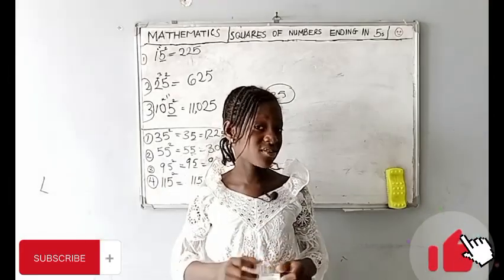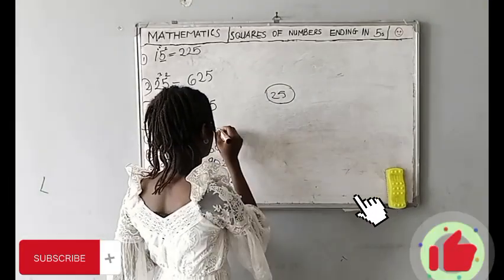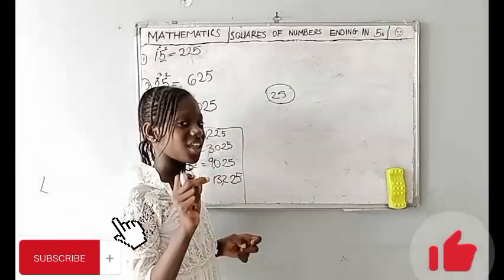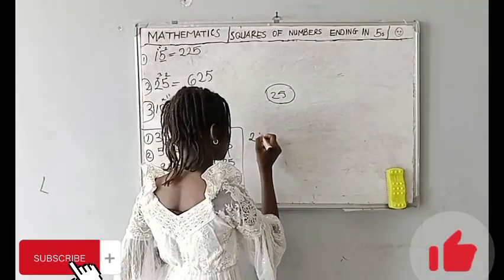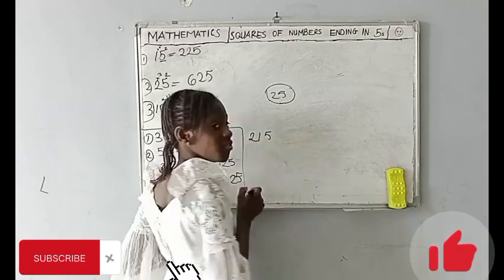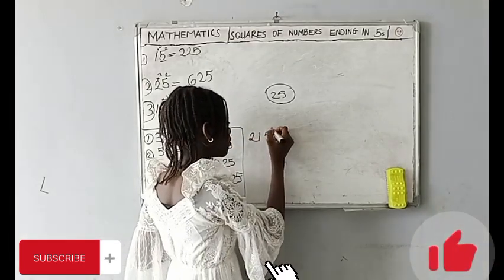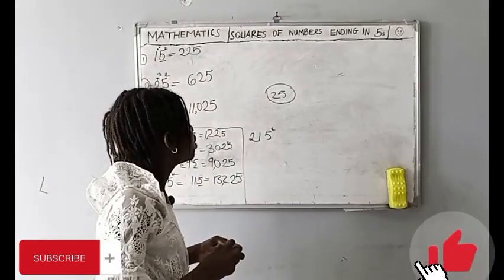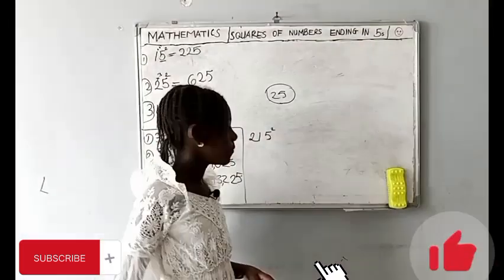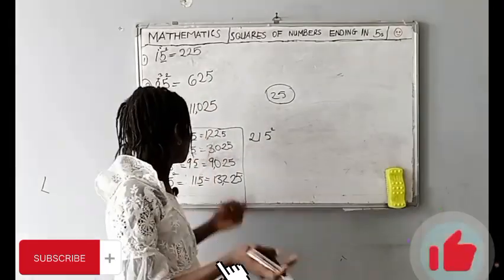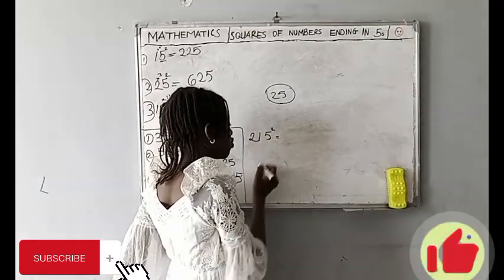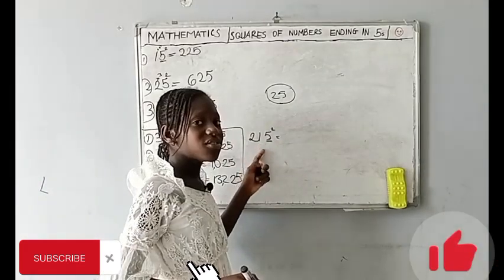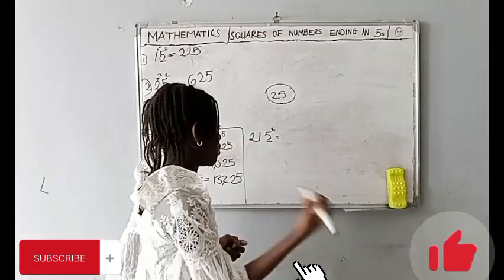Let's try one more example of this. Let me give you something that looks hard. It must not start with 1 or 11 or something. It just ends with 5. Now, we still use this method. We mark out a 5. Then, 21 times the successive number, which is 22.